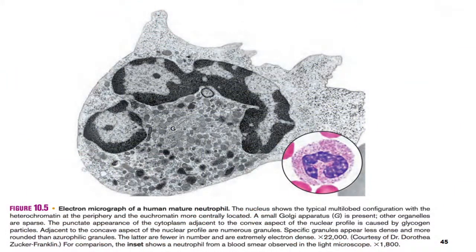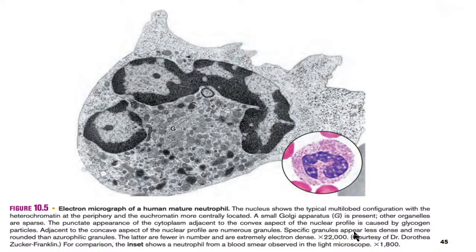So look at this. First of all, we discuss the neutrophils, and this is an electron micrograph which represents for us a neutrophil: lobulated nuclei and numerous granules. Some granules are more dark, some more light. This one is a specific granule, and these are non-specific granules.